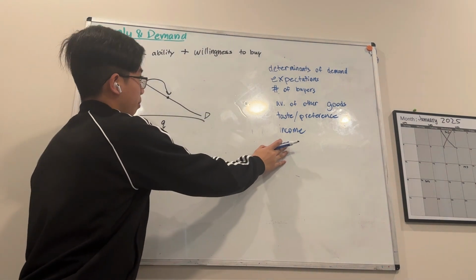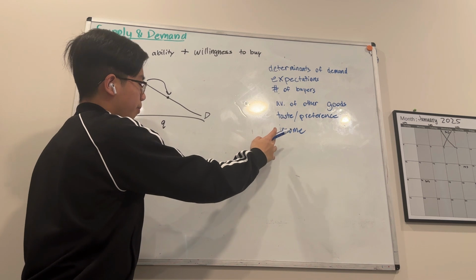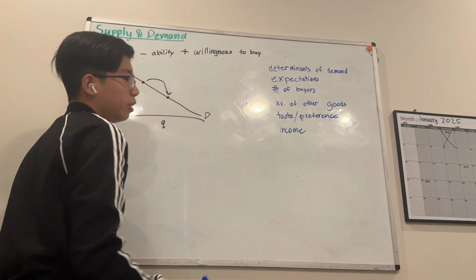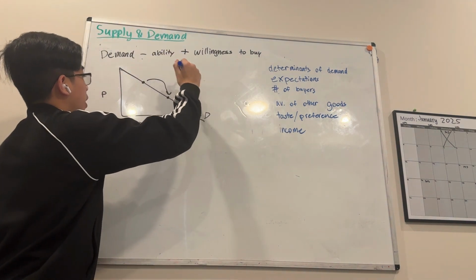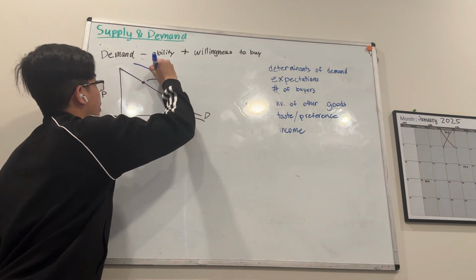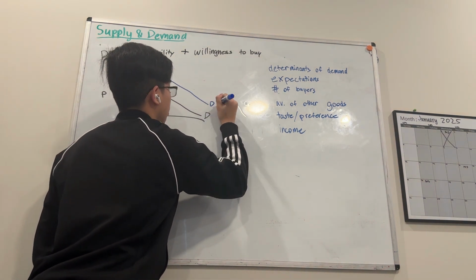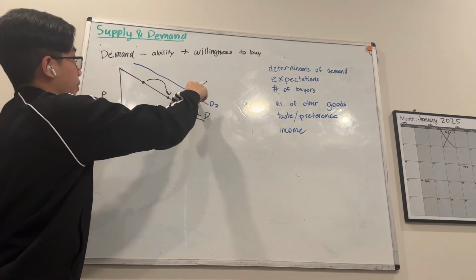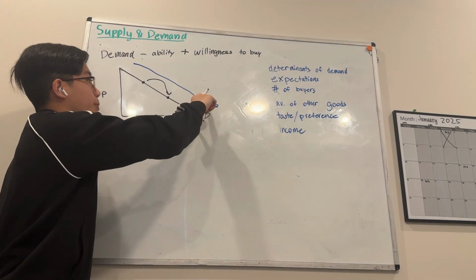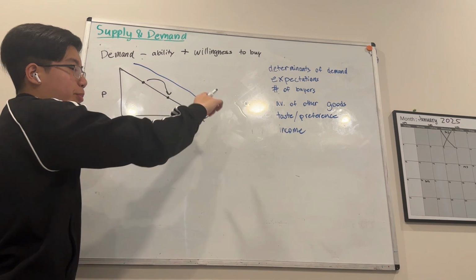Let's say the income of all the buyers increases. With an increase in income, that will cause the entire demand curve to shift. This being the new demand curve, people will demand more at any price.